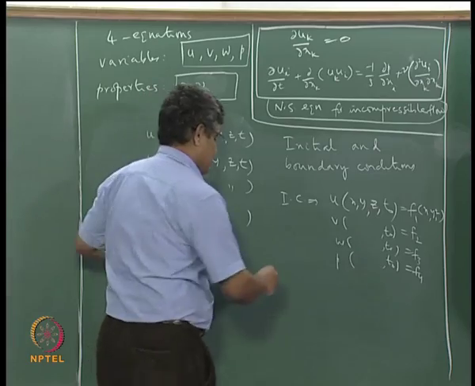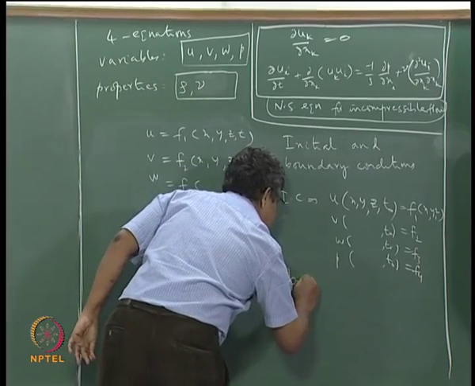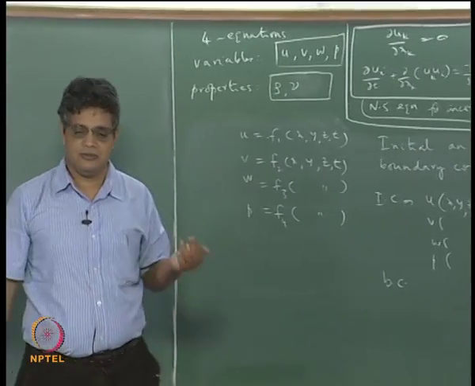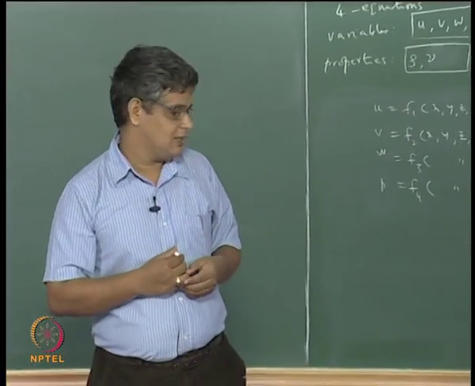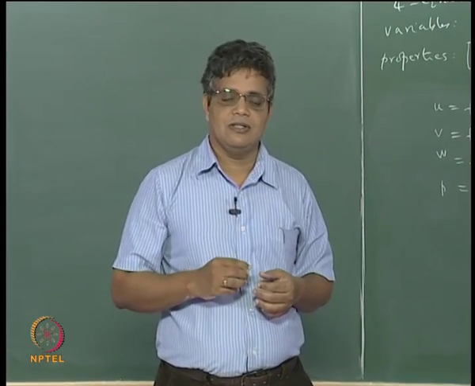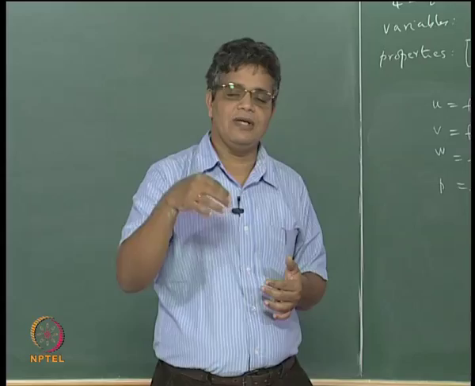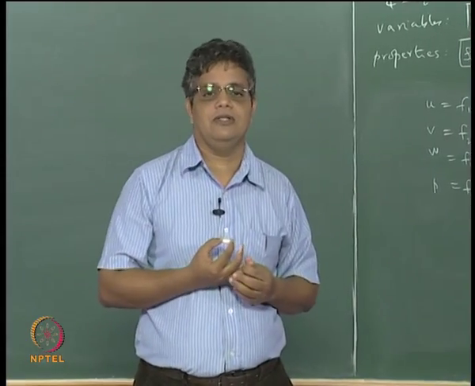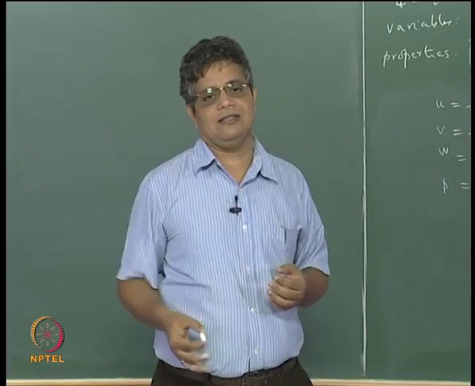What about boundary conditions? Boundary conditions are typically of three types. One is where you specify the variable of interest. If you are talking about a boundary condition for u, you say that u is equal to some value.